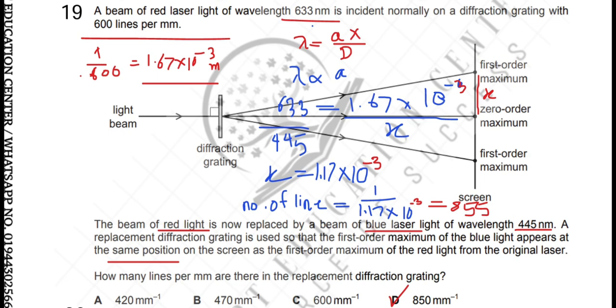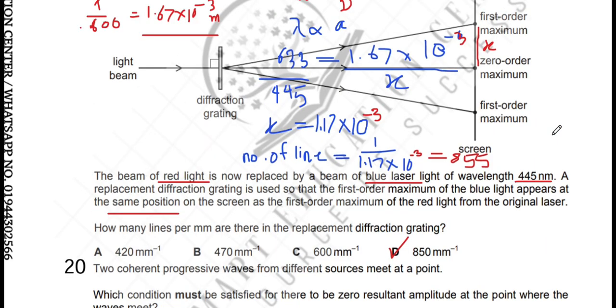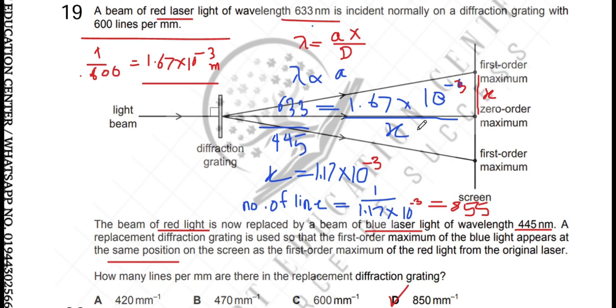Next question, number 19. There are two lasers. One is a red laser with a wavelength of 633 nanometers, and the diffraction grating was given as 600 lines per millimeter. Then they changed this red light to a blue laser with a wavelength of 445 nanometers, and they say that the distance between the diffraction grating and the screen should be the same, and the gap between the fringes, x, from the first maximum to the zero order should also be the same.